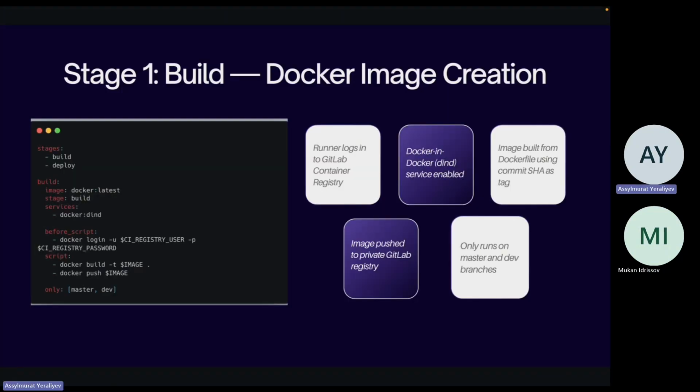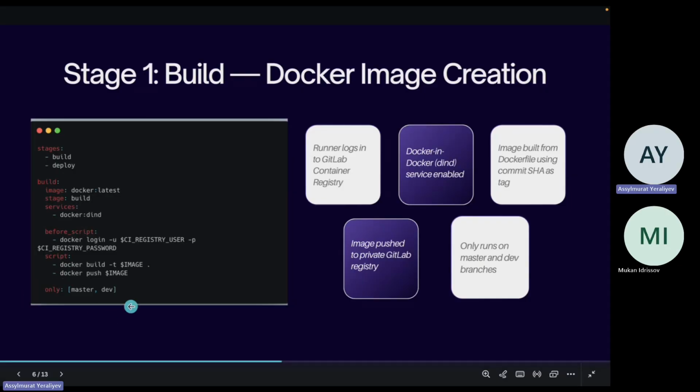And next, Docker image creation. First of all, the runner logs into the GitLab container registry, and we use the Docker-in-Docker service, so it will be enabled, and then the image is built from the Dockerfile using the commit SHA tag, and then we push to the GitLab repository, and it only runs, as you see there, on master and dev.